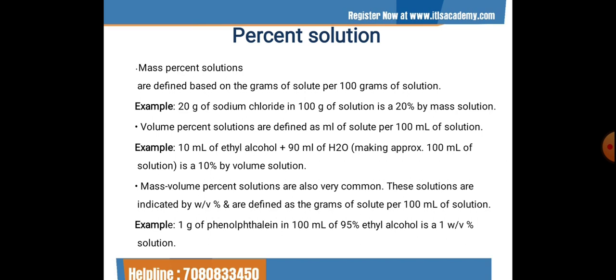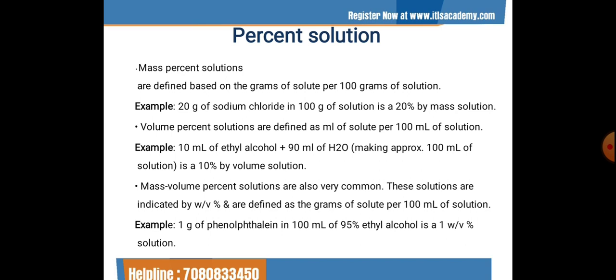Next, volume percent solutions are defined as ml of solute per 100 ml of solution. For example, if we are making 10 ml of ethyl alcohol plus 90 ml of water, making approximately 100 ml of solution, it is a 10% by volume solution. Suppose I take another example. Suppose you want to make a 70% alcohol for your laboratory.